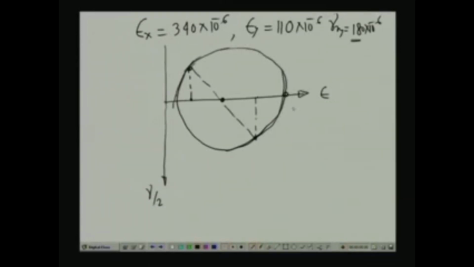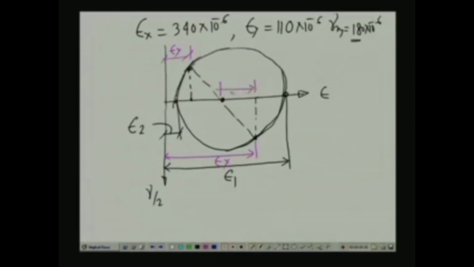Now, this particular point gives us the point of maximum normal strain, which we define as epsilon 1, and this is the minimum normal strain which we define as epsilon 2. Now, in this figure, from the center, this is epsilon x, this is epsilon y, hence this is epsilon x minus epsilon y by 2, and thereby this distance is epsilon x plus epsilon y by 2.